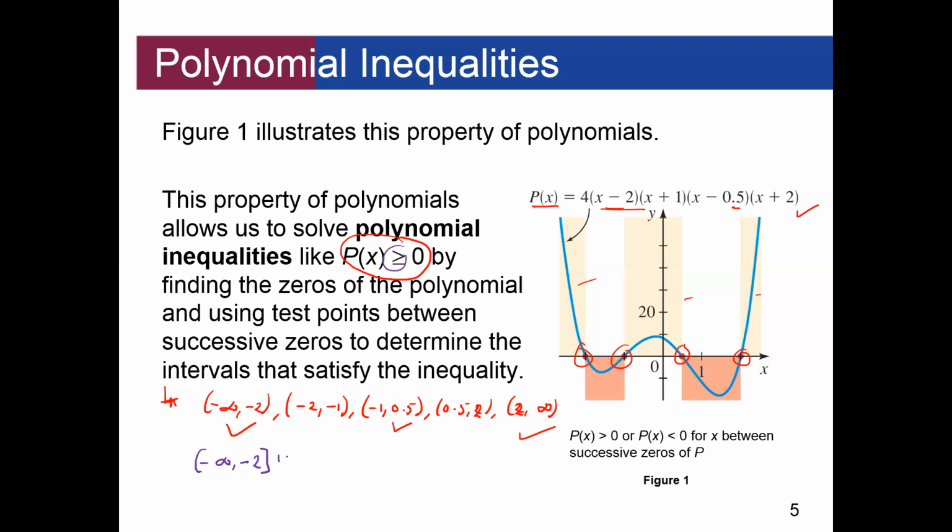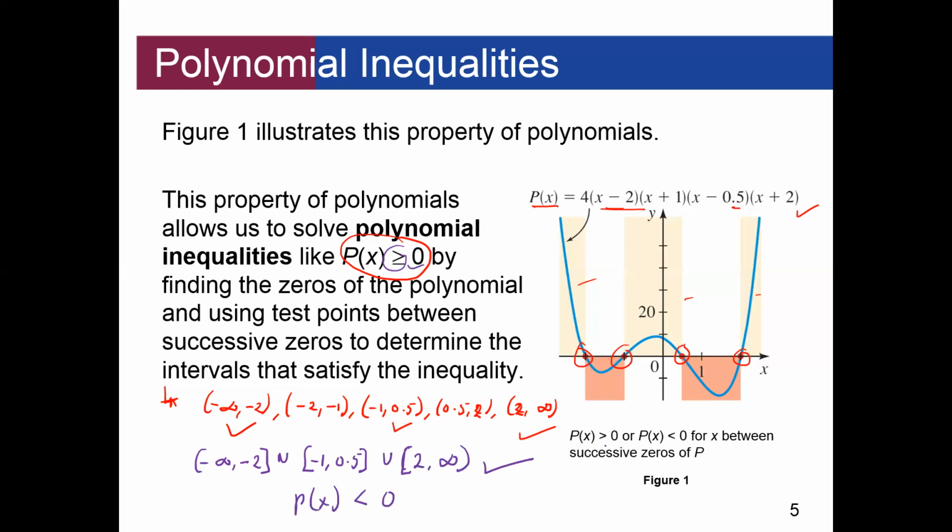And then union, we have from negative 1 to 0.5, actually, so that will be from negative 1 to 0.5, union, and then also from 2, with a bracket on the 2, to positive infinity. So from this graph, if you want to solve that inequality, this will be your solution. And if you want to find where the polynomial is less than 0, it's just the remaining intervals.